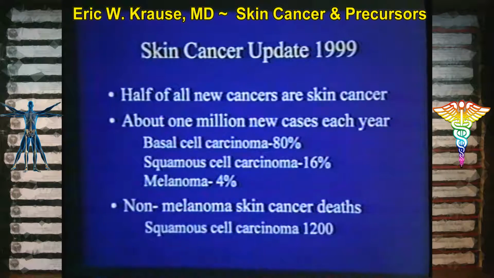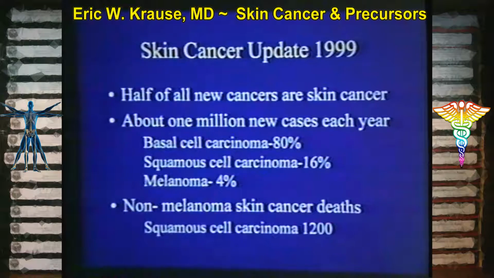This is the breakdown of the most common cancers: basal cell carcinoma, squamous cell carcinoma, and melanoma. About 4 out of 5 will be basal cell carcinoma, 16% will be squamous cell carcinoma, and around 4% will be melanoma.